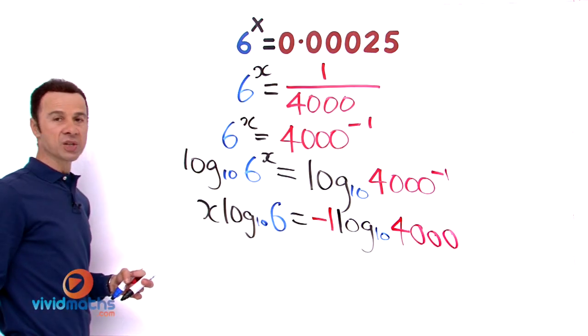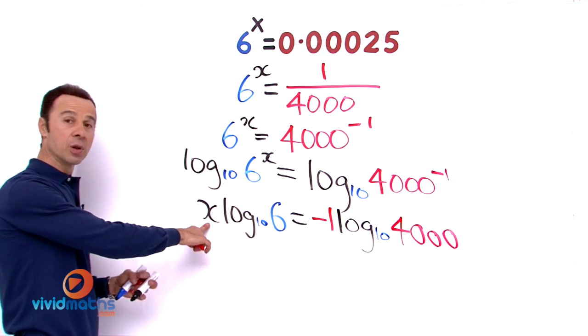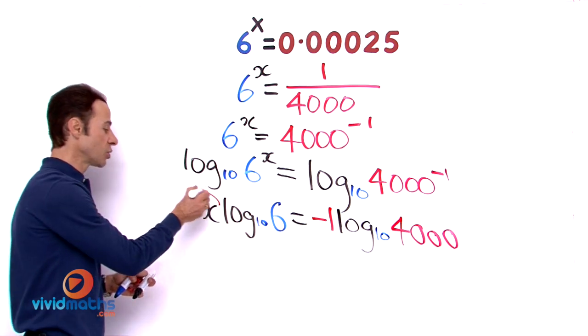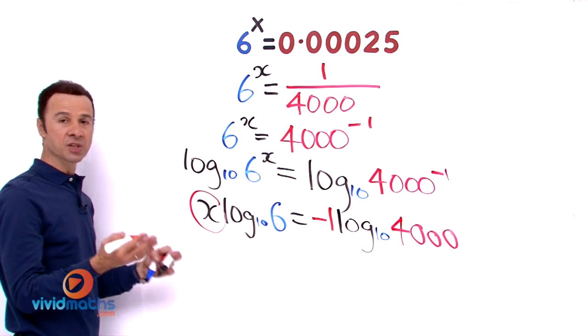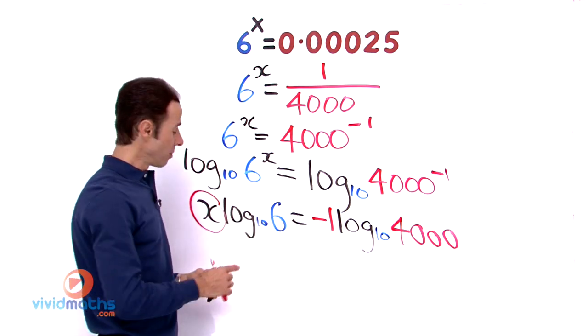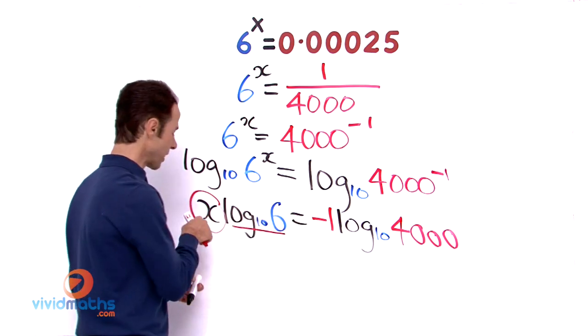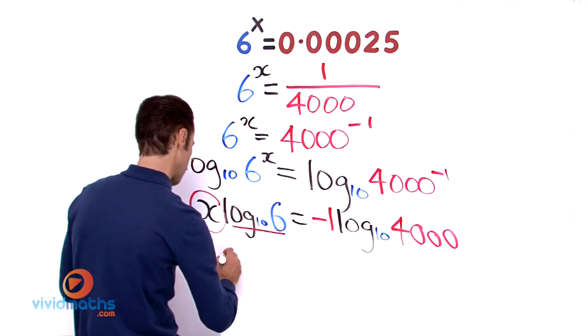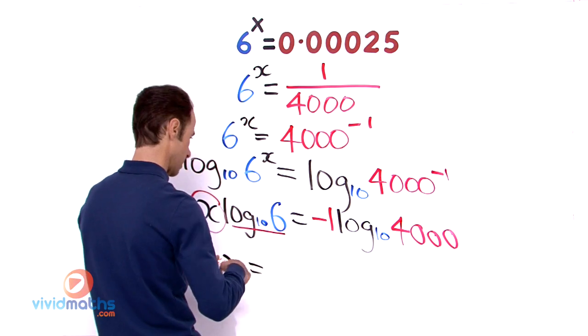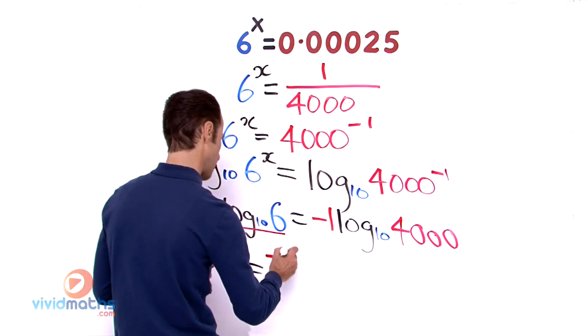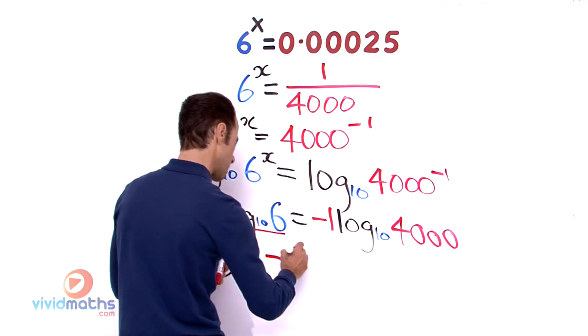Now all we have to do is make this x, the variable, the subject. So what I'm going to do to balance both sides is divide both sides by log base 10 of 6. So let's divide both sides by that and make x the subject. I'll put the -1 there.